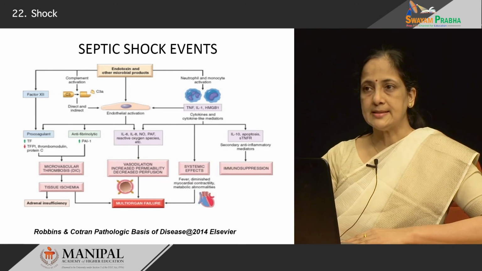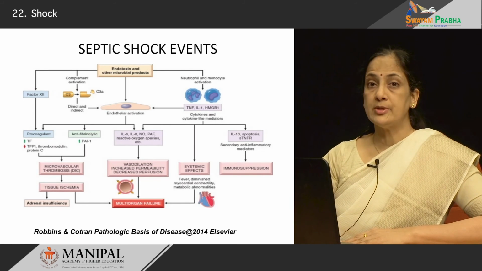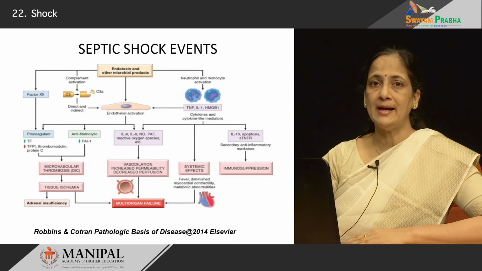Recruited WBCs like the neutrophils and the monocytes also secrete a variety of cytokines and cytokine-like mediators, and these in turn set up the systemic effects. They cause pyrexia, and also they cause immunosuppression, and therefore the patient is unable to combat the bacteria that are circulating.